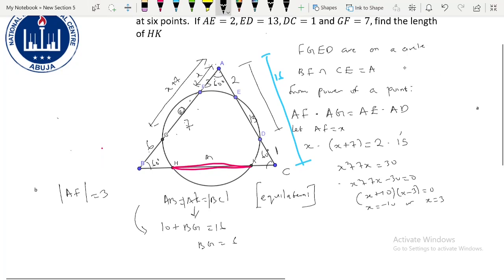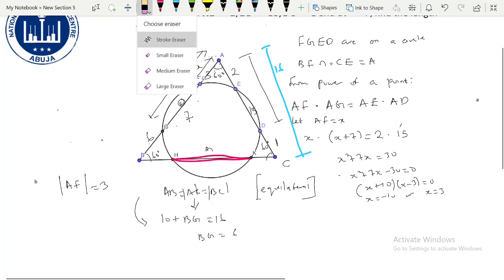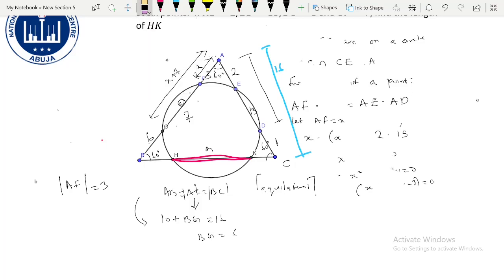From power of a point, we're going to use it multiple times now, a lot, because I think we are going to need that a lot to finish up here. So I'm cleaning this because we don't need that anymore.